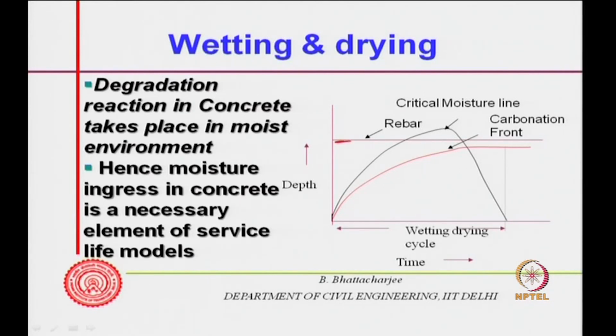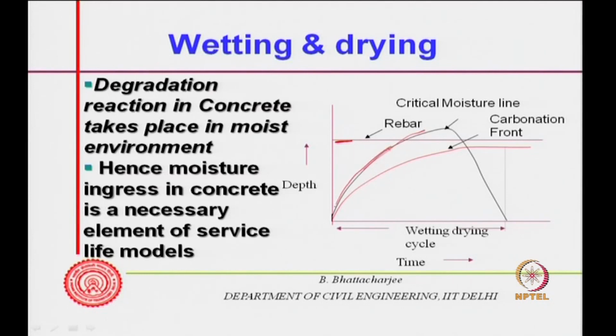this is your reinforcement bar, and there is a critical moisture line, a critical moisture content above which carbonation will not start. Now, in this case it is fully saturated in the beginning, then it dries out to conducive moisture. So, above this moisture content there will be no carbonation, the critical moisture level.